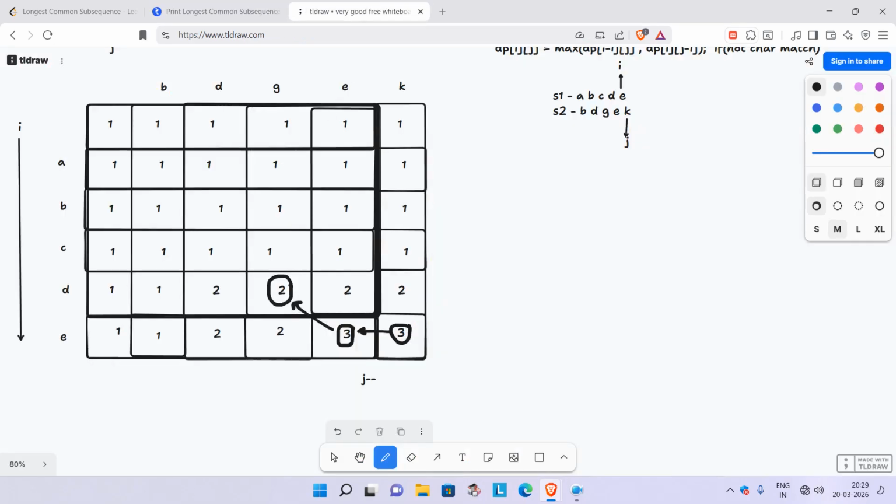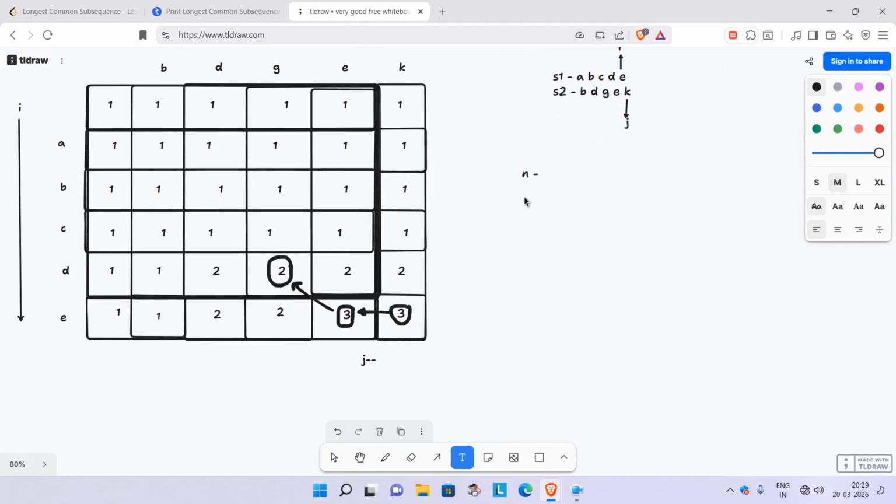Here n is the length of our s1 string, and s1 is a b c d e, so that is 5. The length of the s2 string is again 5, that is b d g e k.